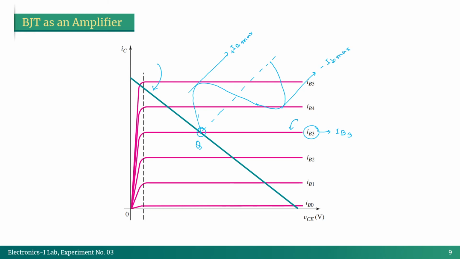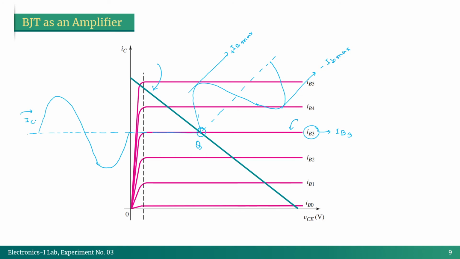Okay, so then because of this input current, obviously we are going to get some amplification at the output, which can be visualized using our current IC. To show that, we can just show it like this. So here, because of this amplification, we are going to get a sine wave like this, let's say. Okay, this is our IC.